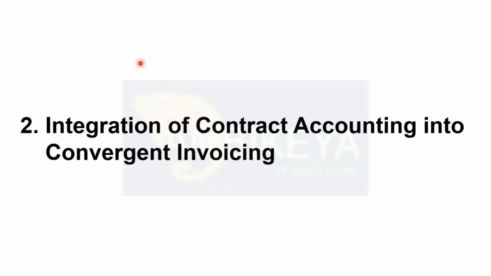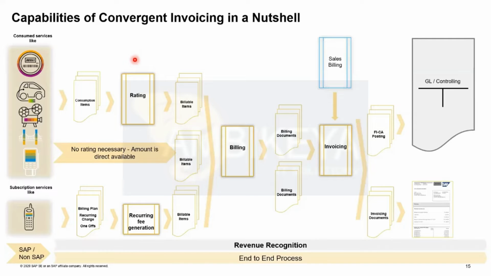Okay, I think I have to go on with the integration of contract accounting and convergent invoicing. As I already briefly touched, our convergent invoicing component has been developed as a side component to FICA, using the same paradigms, the same technical layer, and the same principles of the FICA high volume and automation capabilities.